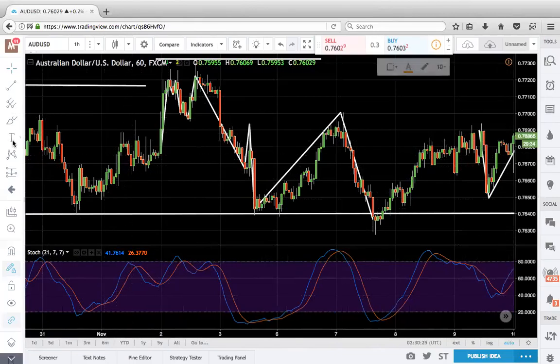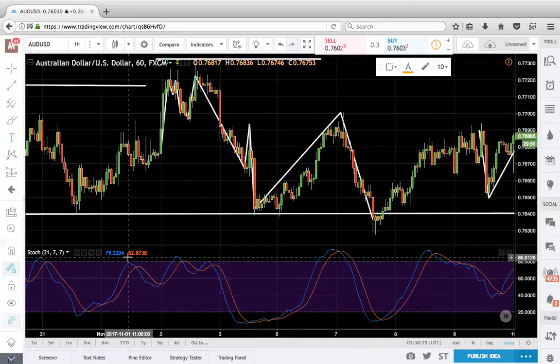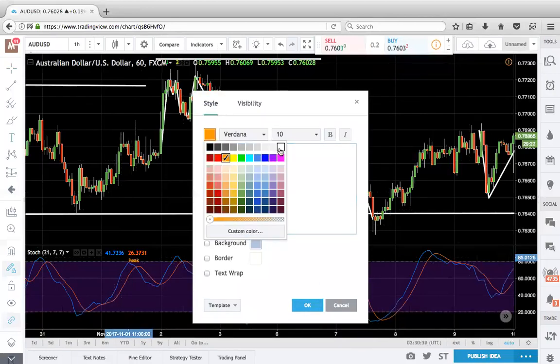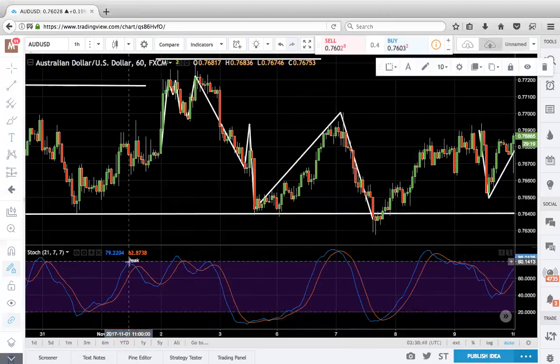Let me put something there so we can keep that. Peak. Let's make this white. See this peak here? We see the peak right about here.